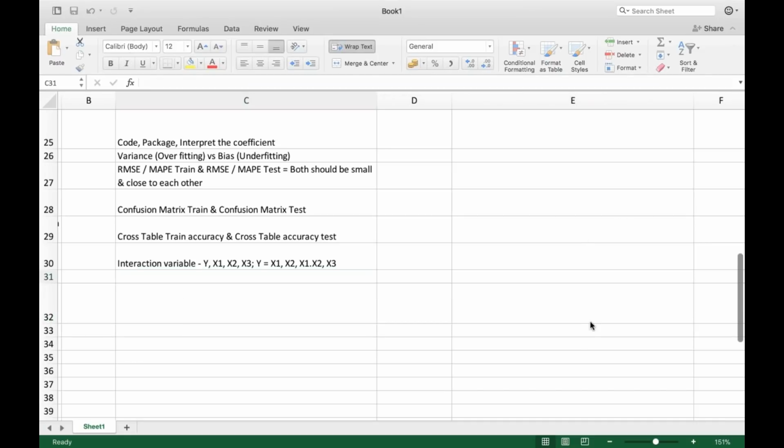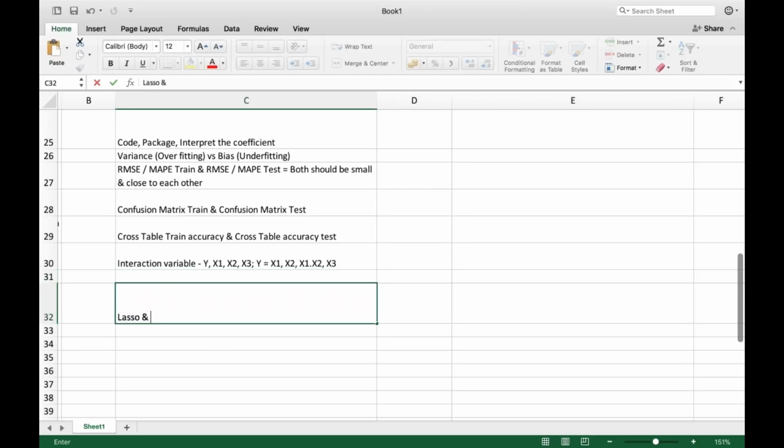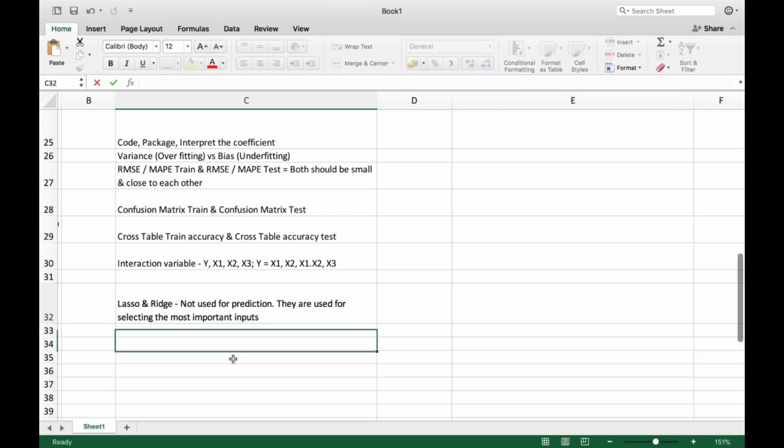Then you have lasso regression and ridge regression. Lasso and ridge regression are not used for prediction purpose. They are used for selecting the most important inputs.